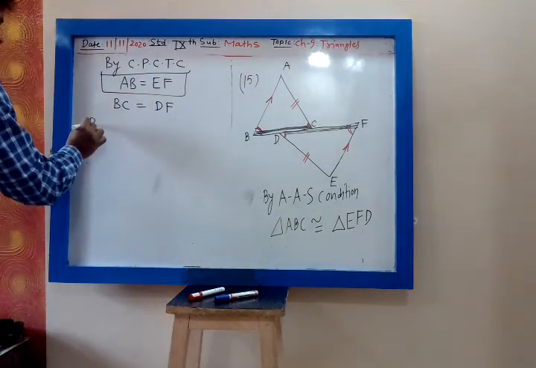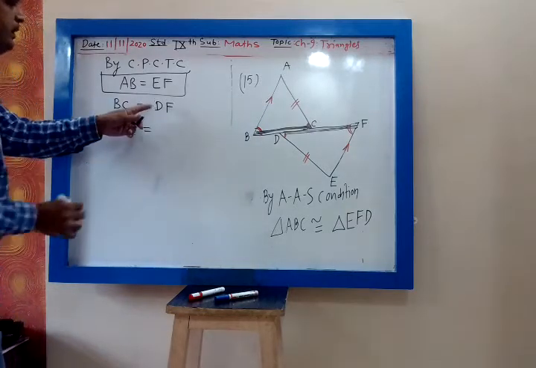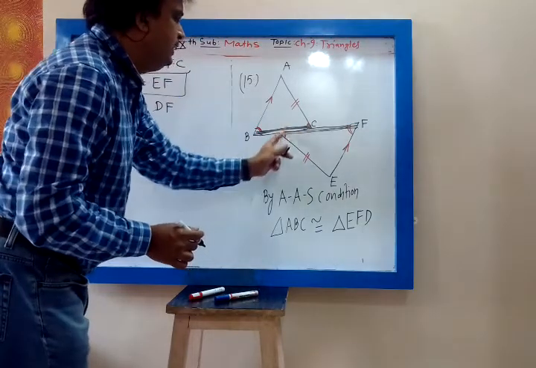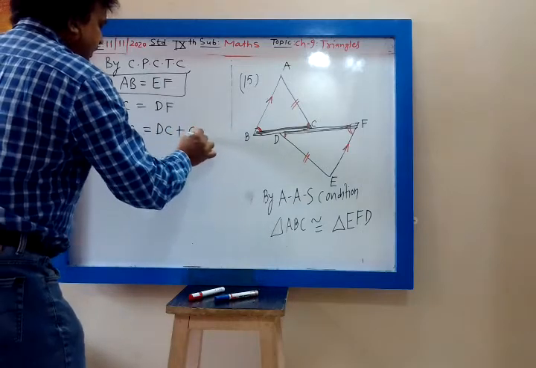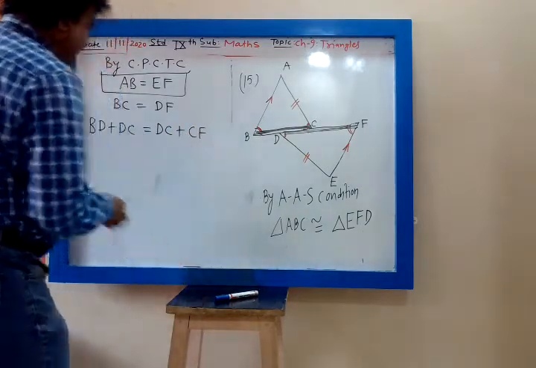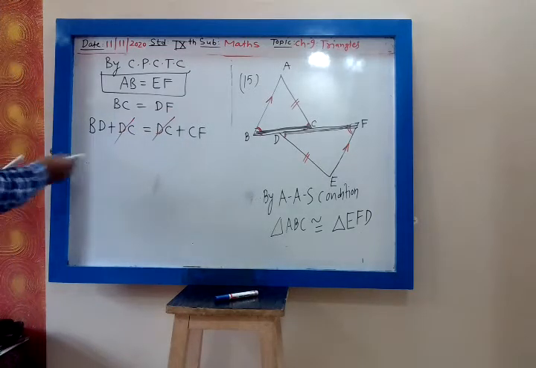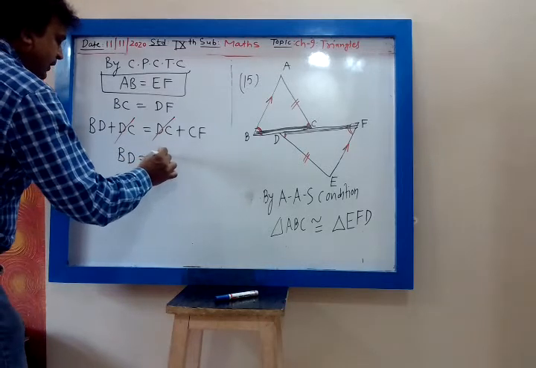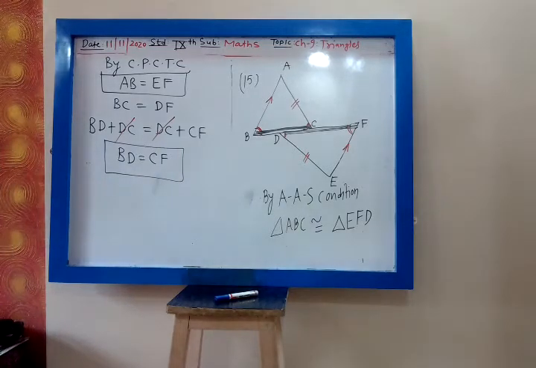And what is DF? DF is DC plus CF. So you can cancel the common side on both sides. So what will you get? You will get BD is equal to CF. This is what you wanted to prove.